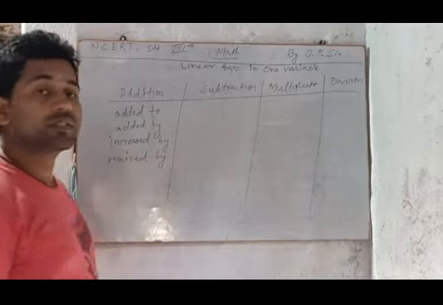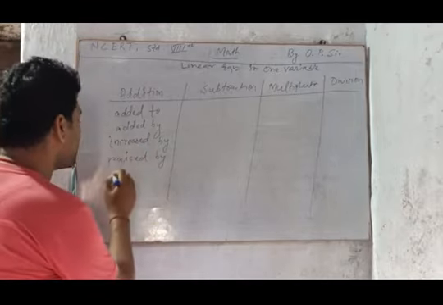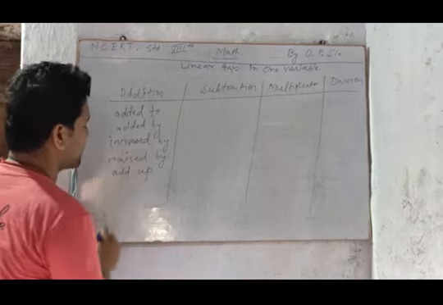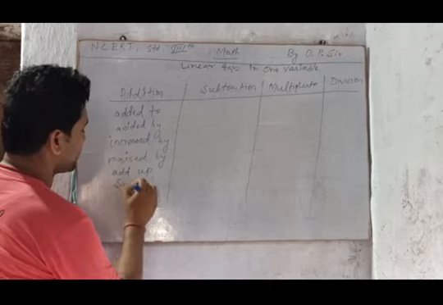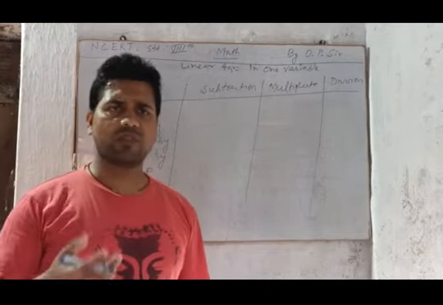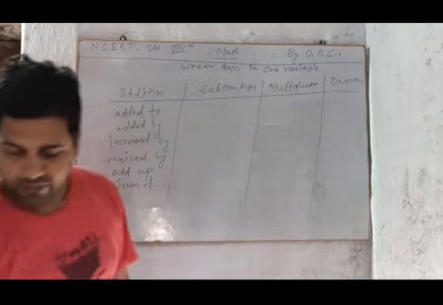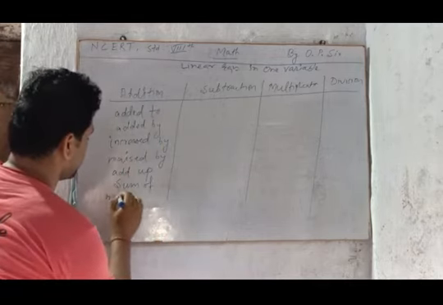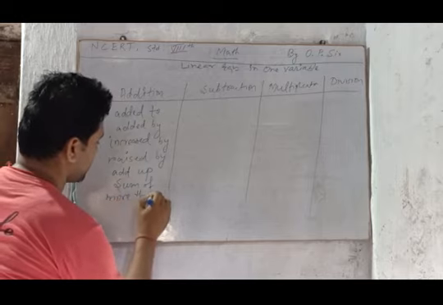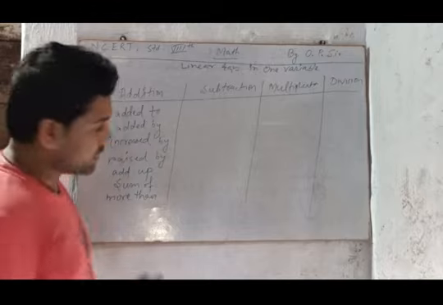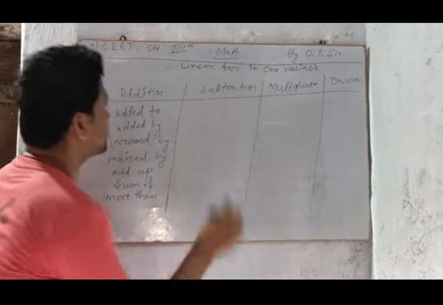These four things. Add up will also come. Sum will also come, sum of, like the question may come sum of two numbers. More than. So these words may come, dear students.